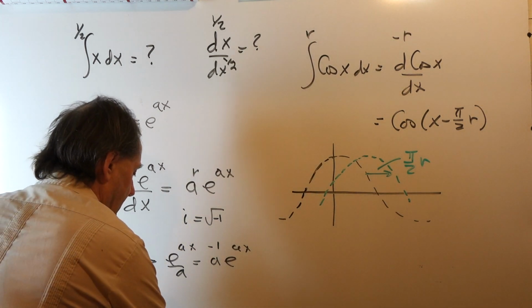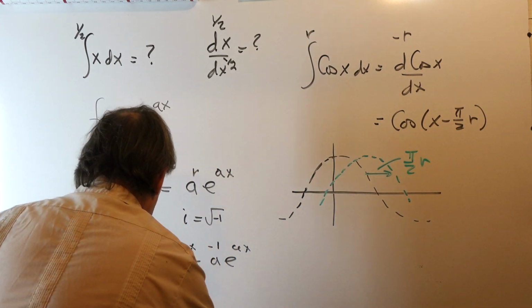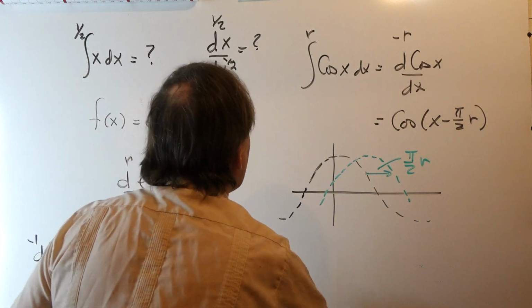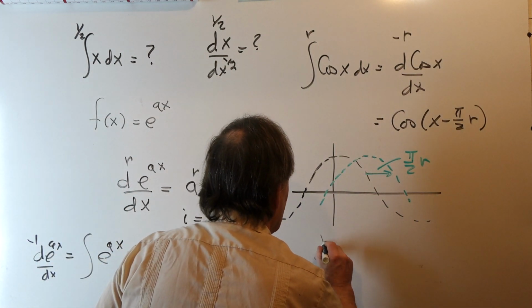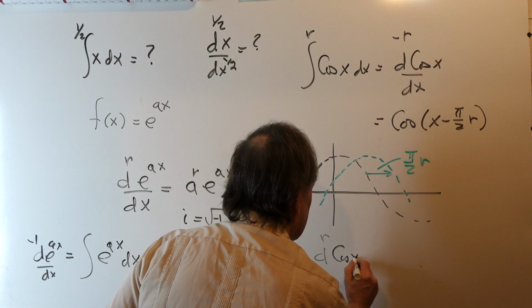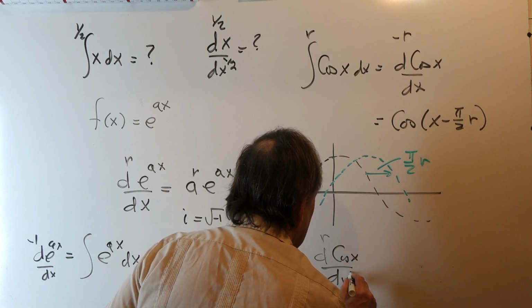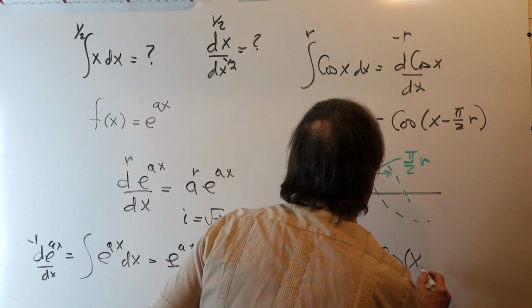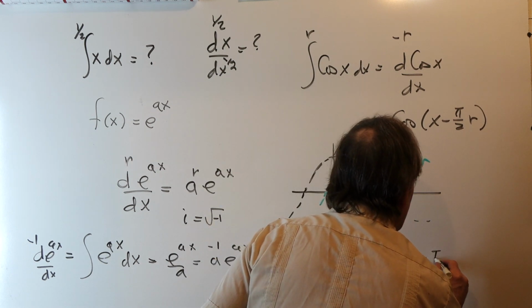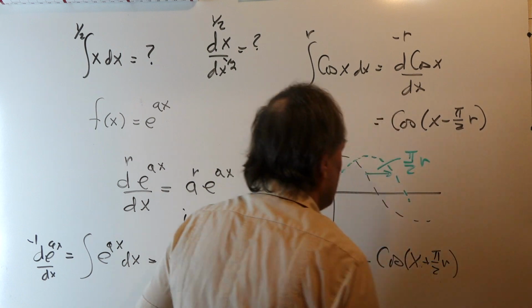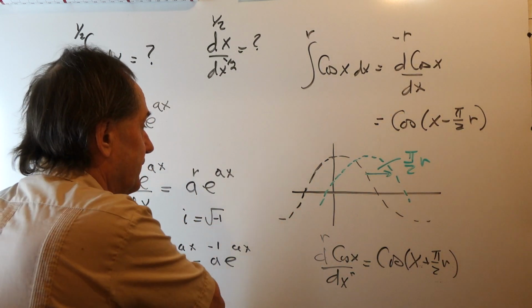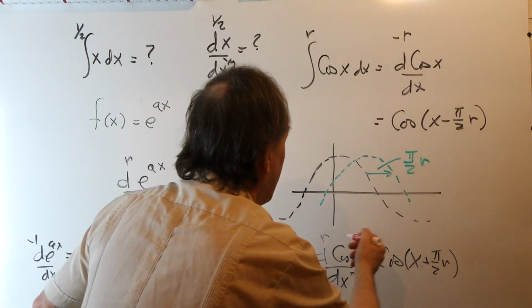And in a like manner, if you were to take the derivative, you'll find that the rth derivative of the cosine of x with respect to x ends up being the cosine of x plus pi over 2r, which means the cosine function gets shifted to the left by pi over 2r.